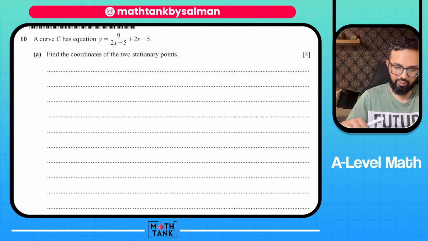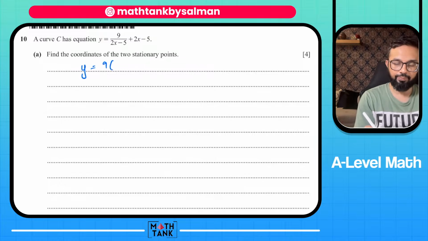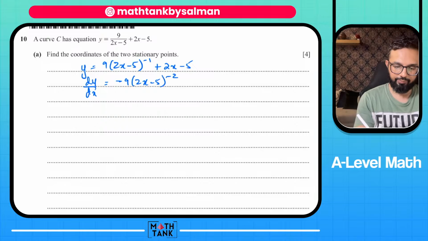Moving on to question number 10. I want to find the stationary points on this one. dy by dx: minus 9, 2x minus 5, minus 2. Yeah, we're differentiating into 2, plus 2 minus 0. So minus 18 over (2x minus 5) whole squared plus 2. 18 over (2x minus 5) whole squared.